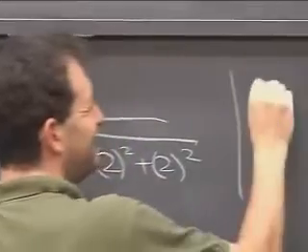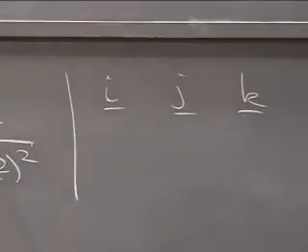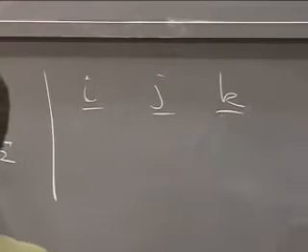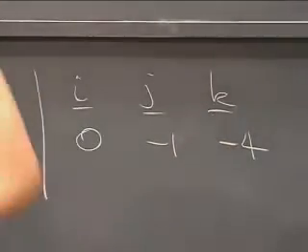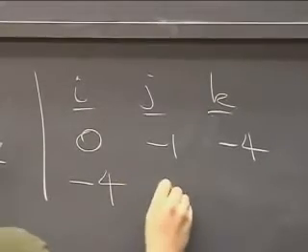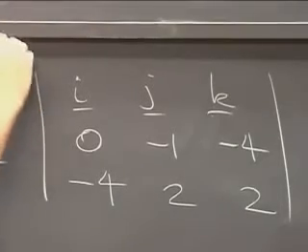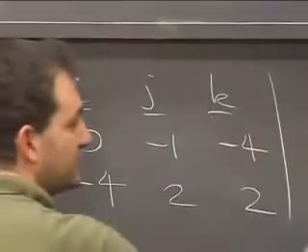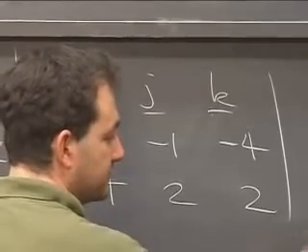So we need IJK, and we're going to put in the PS, which is 0, minus 1, minus 4, and then we'll put in the V vector, minus 4, 2, 2. Unfortunately, this will be a vector, so we're going to need the absolute value of this. I don't know a better way of writing this. This is the length, or the absolute value. No, it is the length.